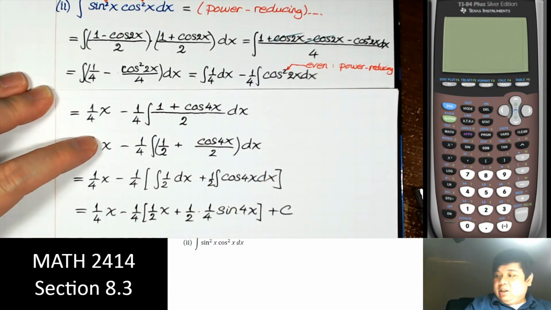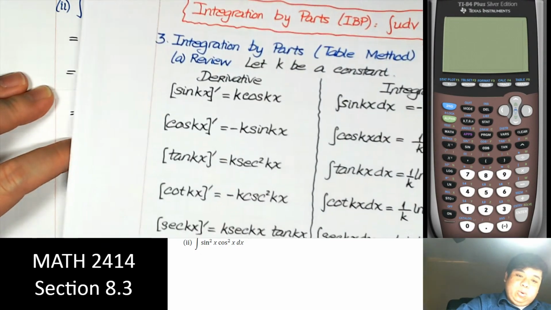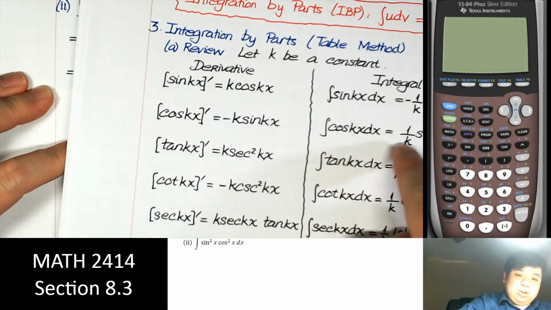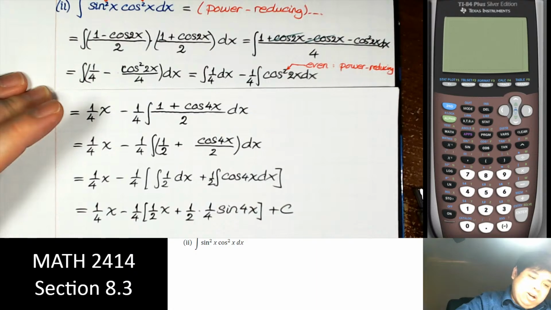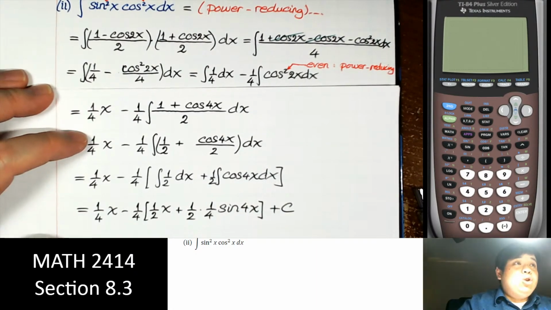I can do that because that is the beginning of this section where we have cosine of kx, so 1 over k sine of kx. So that. And finally, multiply it all out.